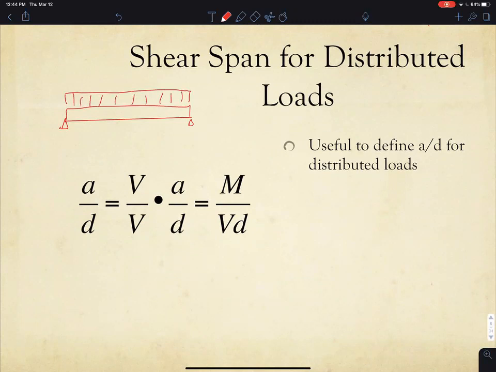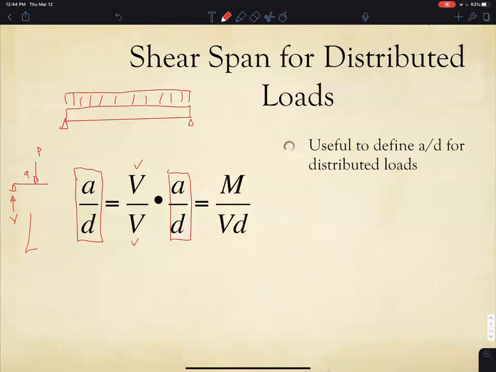What's the shear span? Is it, I don't know, you take, the resultant's at L over 2. How do you do that? Okay, we are defining the shear span as a ratio of the distance of a point load to the reaction. And that reaction, in a shear diagram, that reaction is V. What we're going to do is take the shear span ratio, A to D, and we're just going to multiply it by 1, shear divided by shear.